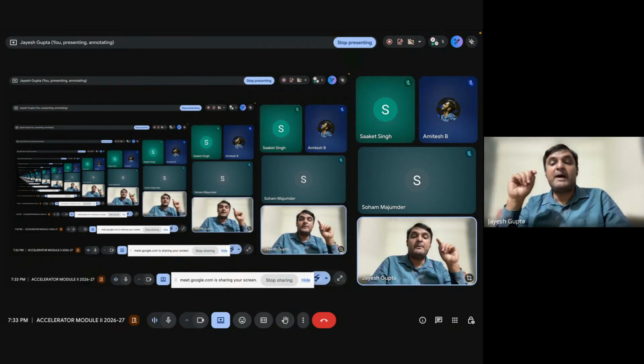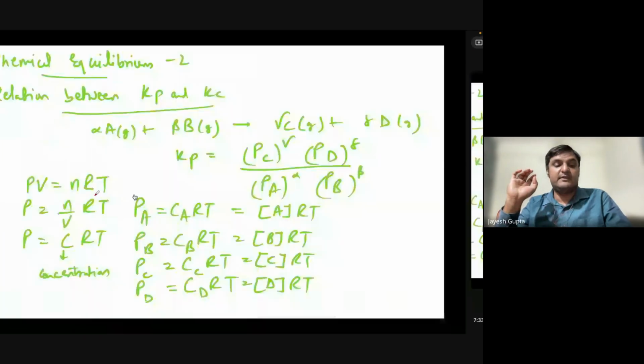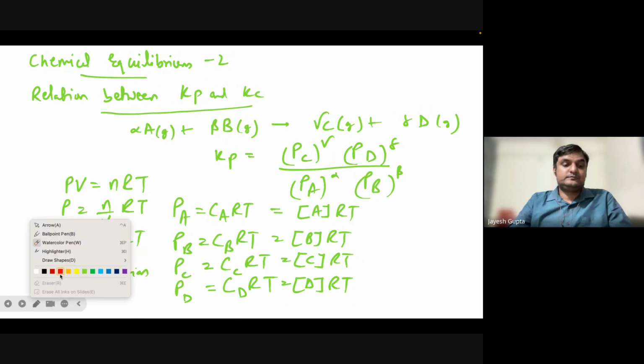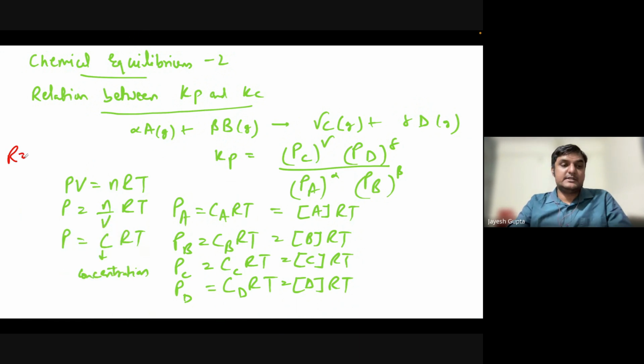But there is one more term, R, which is a constant for the ideal gas equation. R value is 8.314 joule per Kelvin per mole.